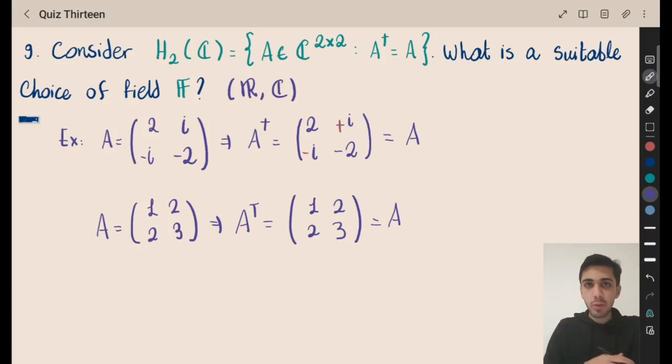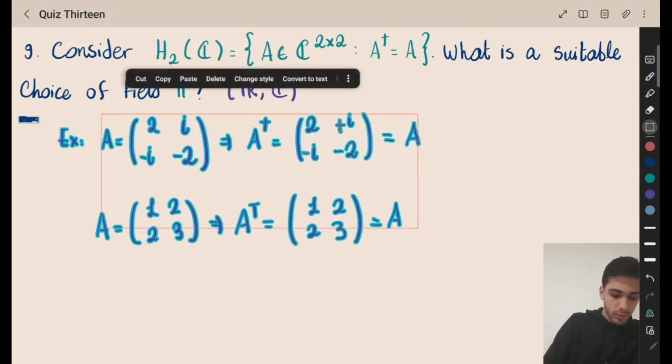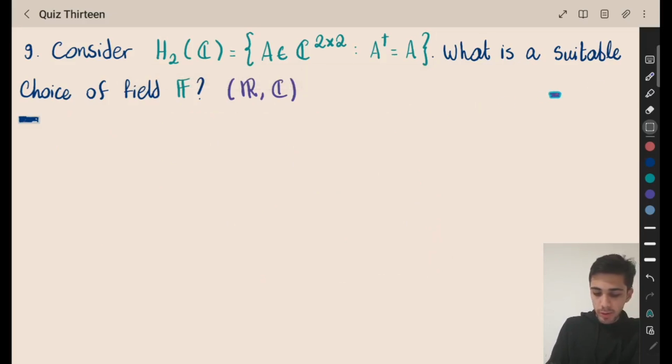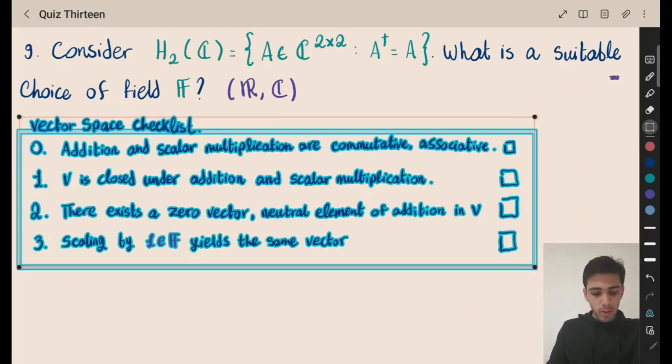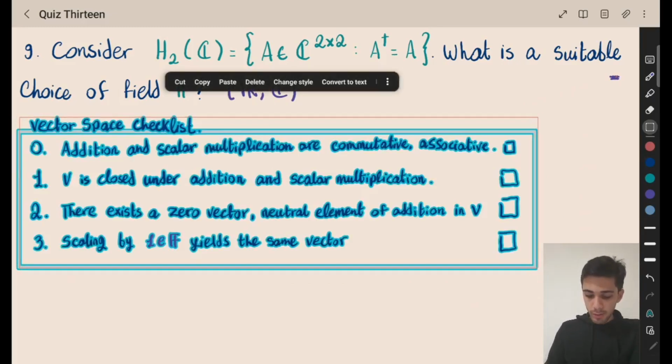But I'm just now giving you an idea of the class of matrices we're dealing with. I believe this will become useful in a bit. And now, to proceed with the problem, I would like to summon my vector space checklist.